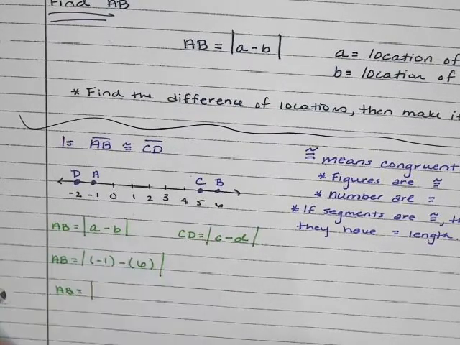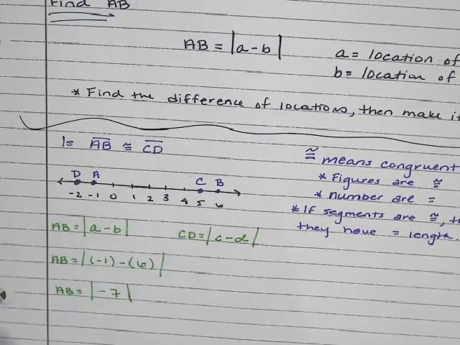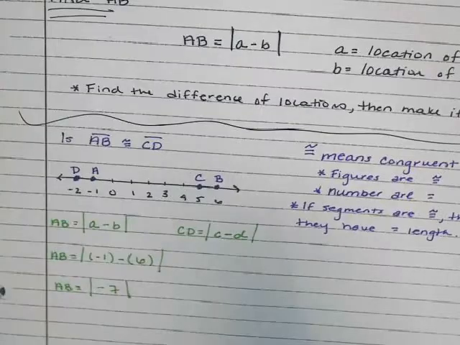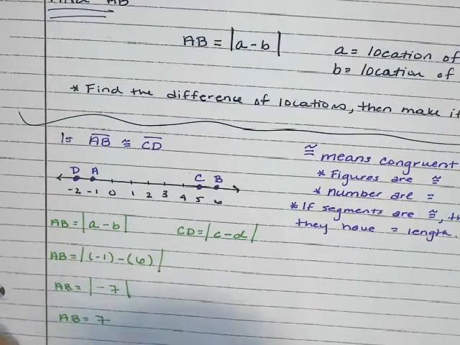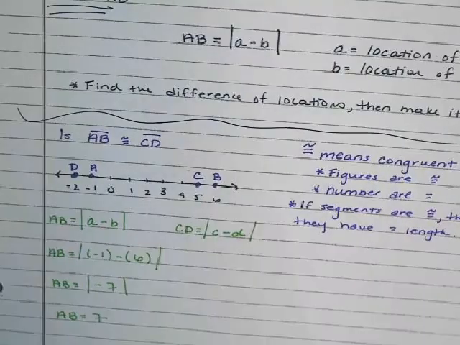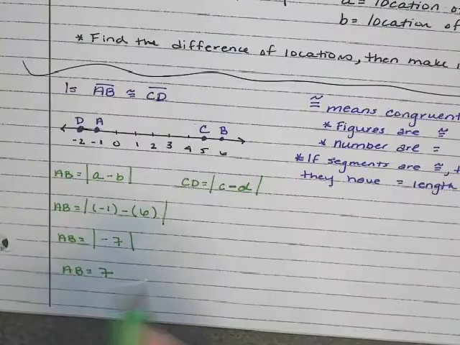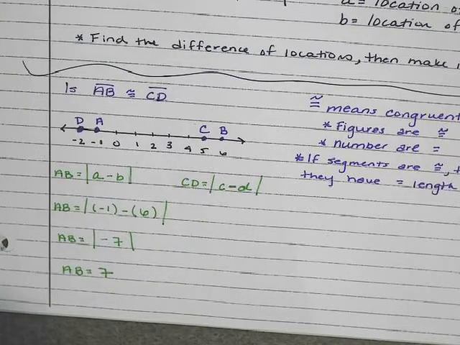What is the difference between -1 and 6? -1 minus 6. Well, it's -7. Okay, we got to write it -7. Then, when we take the absolute value of that, now we'll have the distance, because all distances are positive, it will be +7. The absolute value says to simplify the inside and then make it positive. So when you're applying those absolute value bars, you just make it positive.